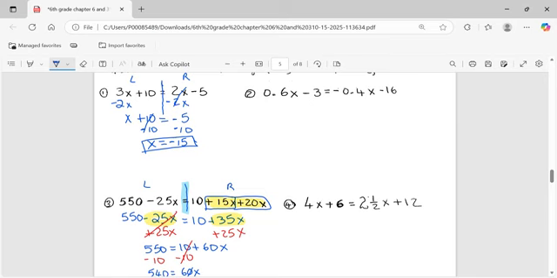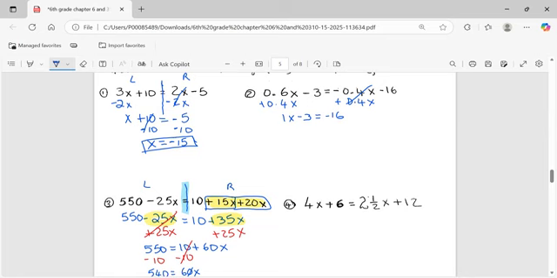So for number 2, I want to get the x's together. First thing I would do is add 0.4x on both sides so that 1x minus 3 is equal to negative 16.